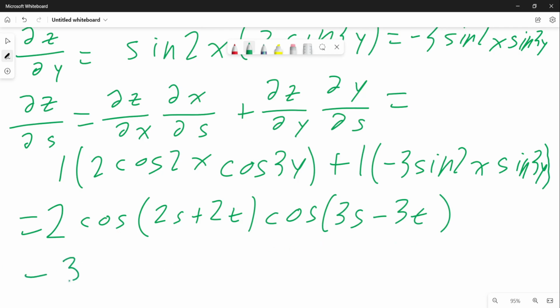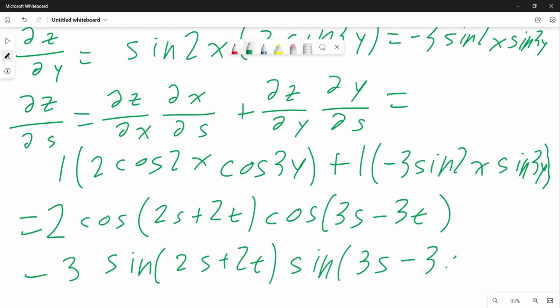Minus 3 sine of 2s plus 2t sine of 3s minus 3t. There we go. And that's the answer.